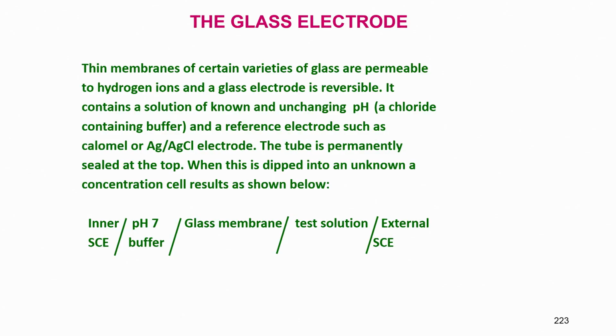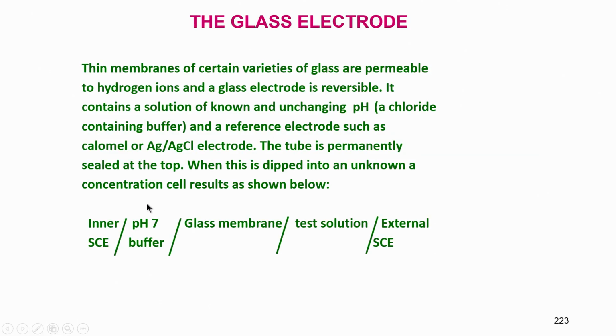It contains a solution of known and unchanging pH, that is, a chloride containing buffer. It should be of known pH and it should not change over a period of time. That is how a glass electrode is made, along with a reference electrode. Again, for the reference electrode I can use a calomel electrode or a silver chloride electrode.